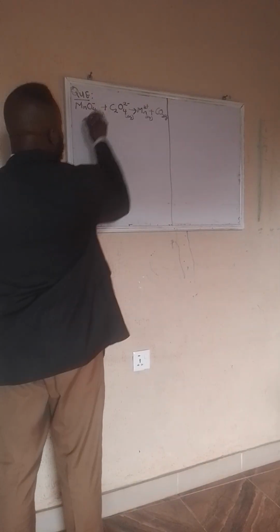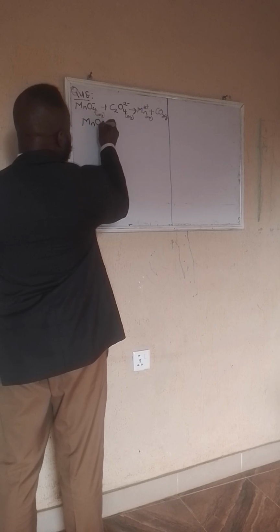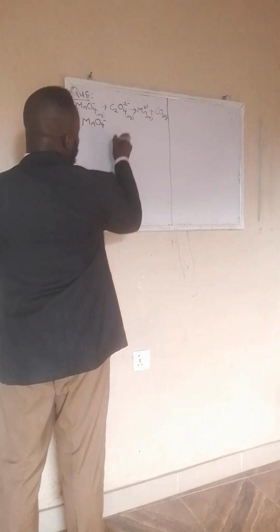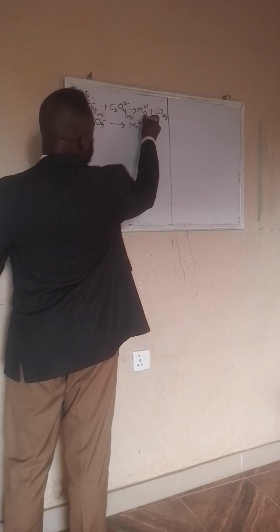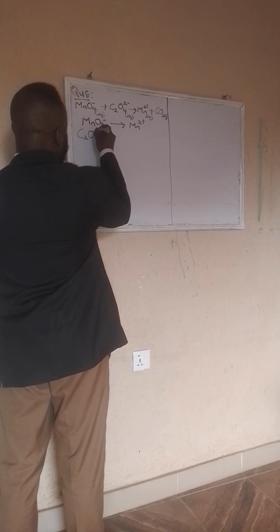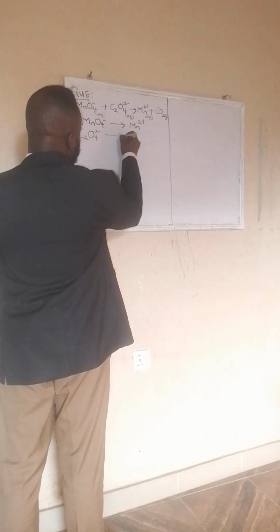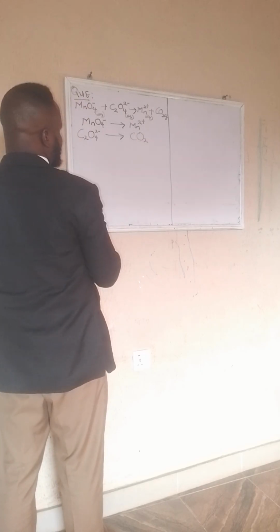Okay, so we are going to write out the equation into their respective processes. So I will have MnO4 minus to Mn2 plus, and C2O4 2 minus to give CO2. Okay?